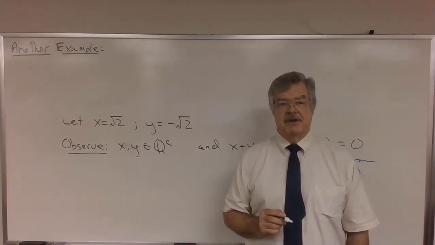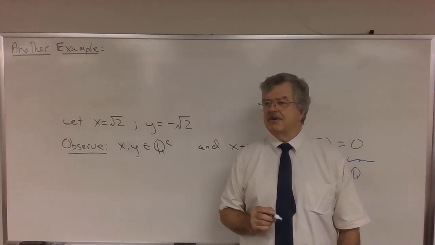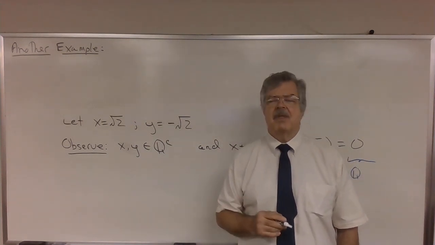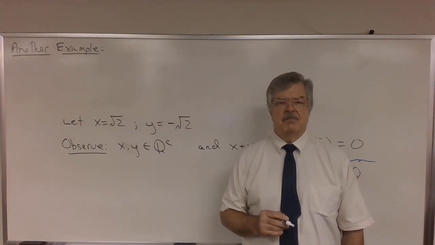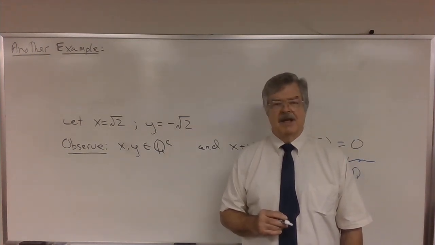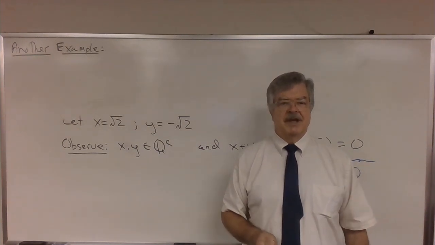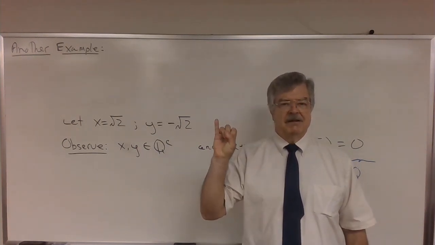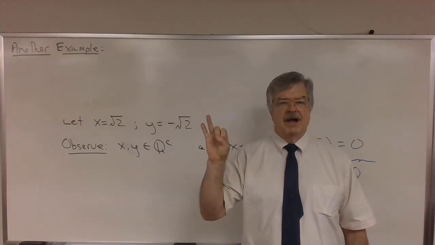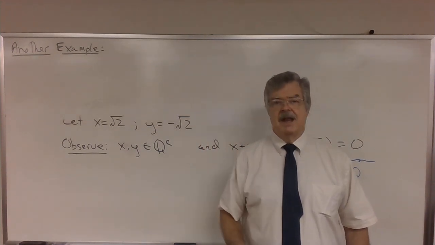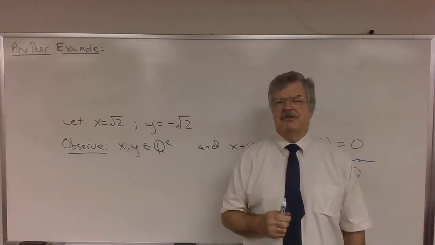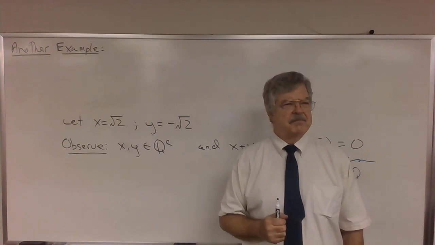I defined a real number, and I said a real number is a number on the x-axis. I also said alternatively, a real number is any number that has a decimal representation, whether that representation is terminating, or non-terminating repeating, or non-terminating non-repeating. Any number that has a decimal representation is a real number.